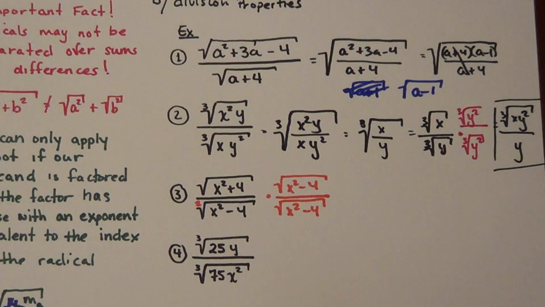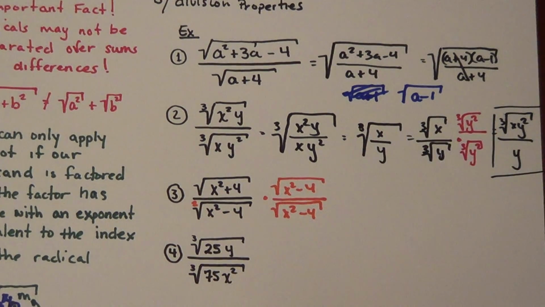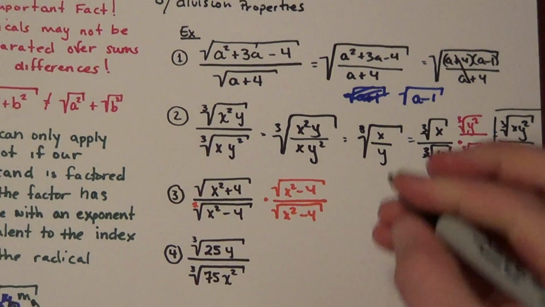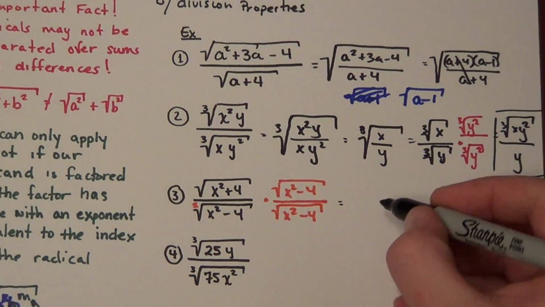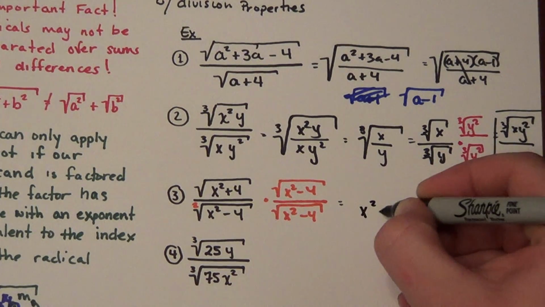And then what I have here is for the denominator, now that I have 2 quantities of this amount, that radical disappears, and I'm left with simply x squared minus 4 on the bottom.